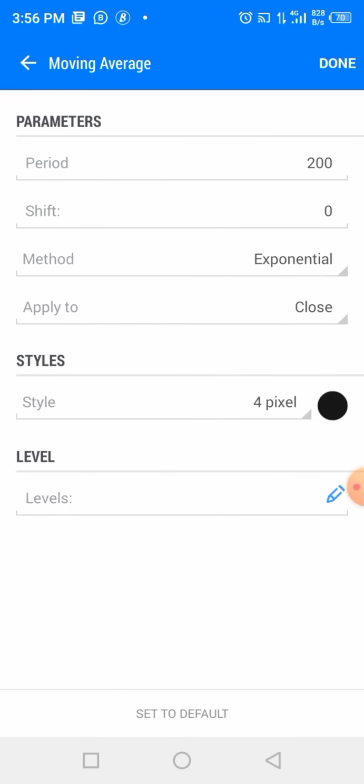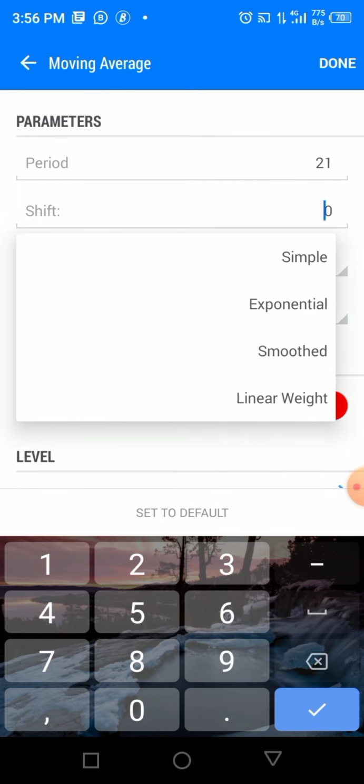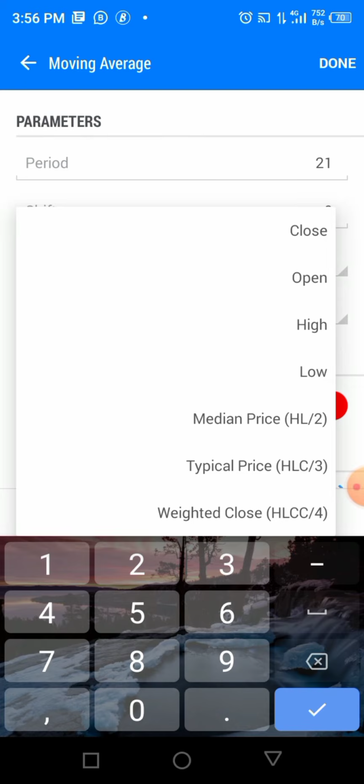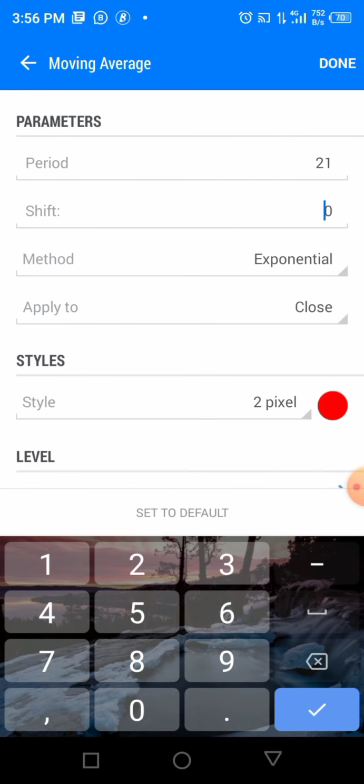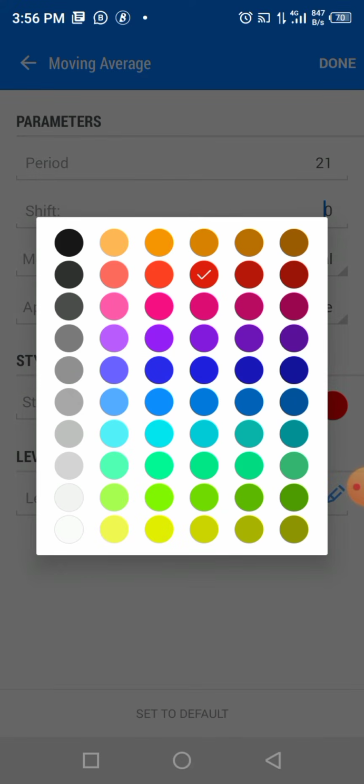We choose it and select the number. This is where you edit the period, that's where you enter the number of the moving average. So we are choosing 21. Shift 0. Here there is simple, exponential, smoothed, linear weighted, but we are going to work with the exponential. Apply to close. So take note of this, exponential, close. You can choose your pixels and any color of your choice, but you have to take note of which color you choose.